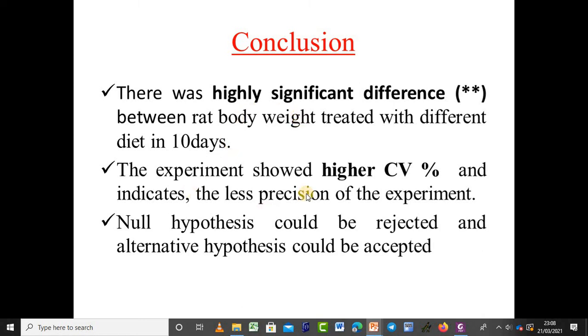And also, when we see the CV value, the experiment showed a higher CV, and it indicates lesser precision of the experiment, because, as I told you, in experiments conducted in homogeneous environments the CV shall be lower than 5. And also we can conclude that the null hypothesis could be rejected because of the presence of significant difference, and the alternative hypothesis could be accepted.